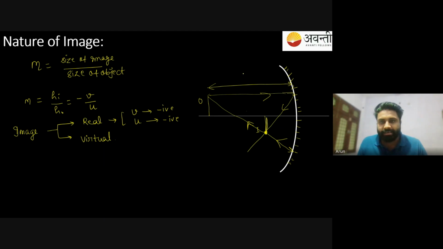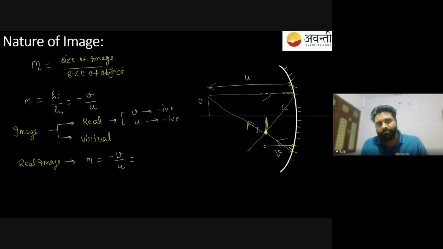Both are negative. We have seen this by the sign convention method. So what is the magnification? Magnification is nothing but -v/u.